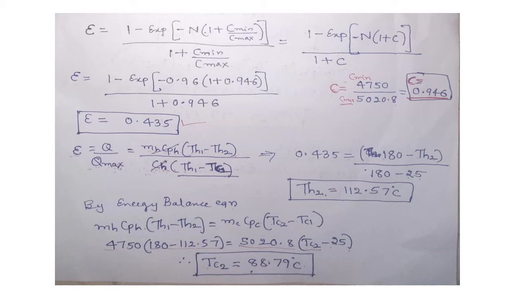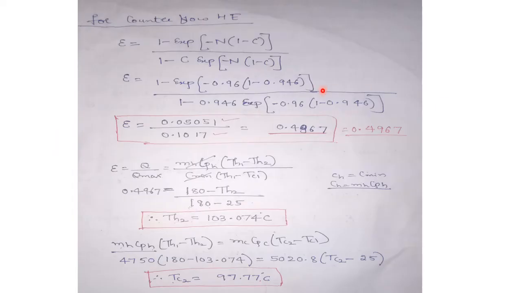Now let us calculate the values for the counterflow heat exchanger. For the counterflow heat exchanger, the effectiveness is calculated by this formula. I have substituted all the values here: the N value is the same, 0.96, and the C value is 0.946. The numerator values I have written here as calculated values.